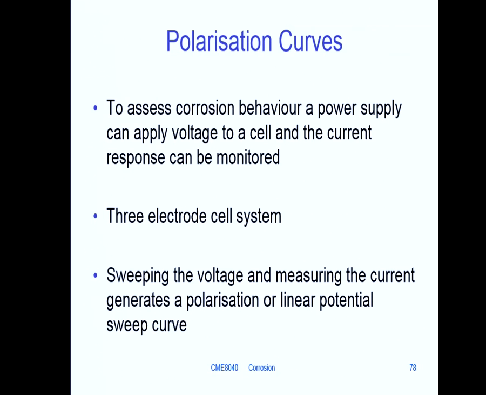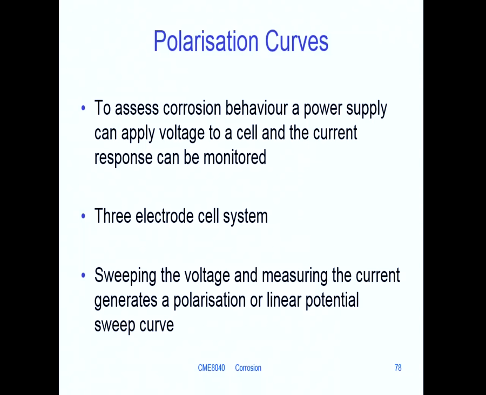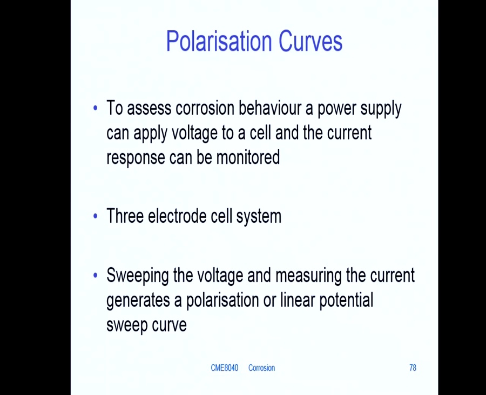And so what you use is essentially a power supply across the counter and working electrode. So we've got a mains controlled output going between the working electrode and counter electrode, a power supply unit.